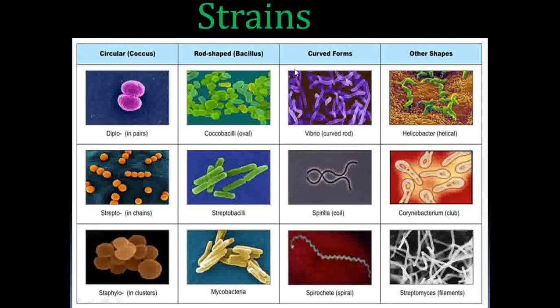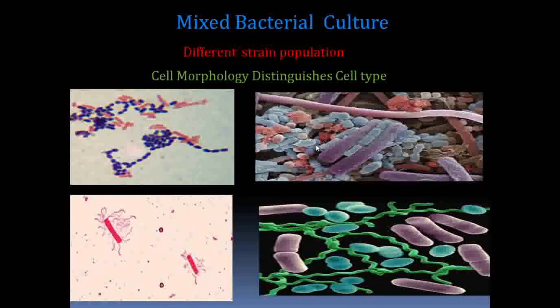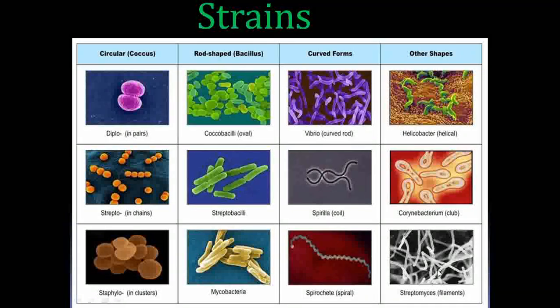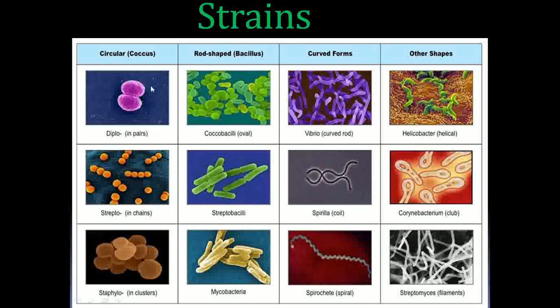Strains, as we have studied, that are together here are of different structures and types. So you have a circular structure, rod structure, curved pattern and other different shapes. Here the shape is circular. When they are in pairs, together, it will be called Diplococcus.